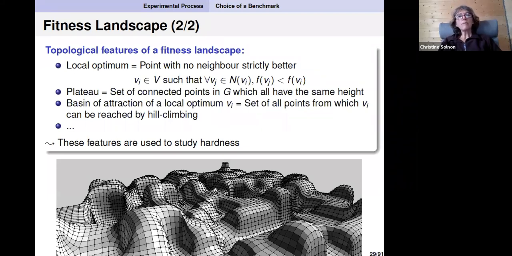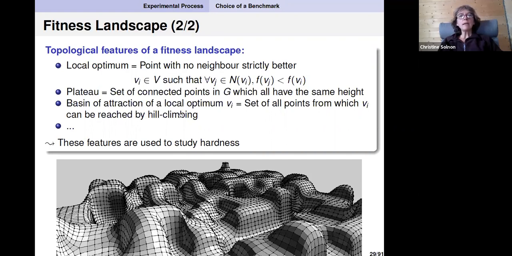And the distribution of these local optimal points in this fitness landscape tells us whether it will be difficult or not to solve the instance. Also, we can study the number of plateaus in our fitness landscape. A plateau is, for example, here, a set of points which are all connected and which all have the same fitness value, the same objective function value.